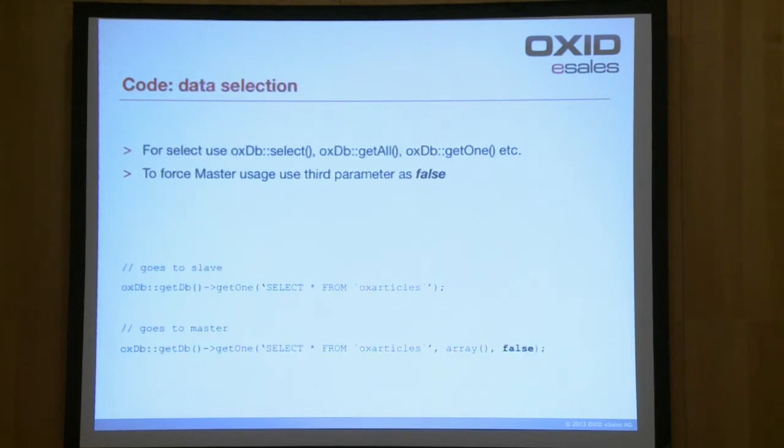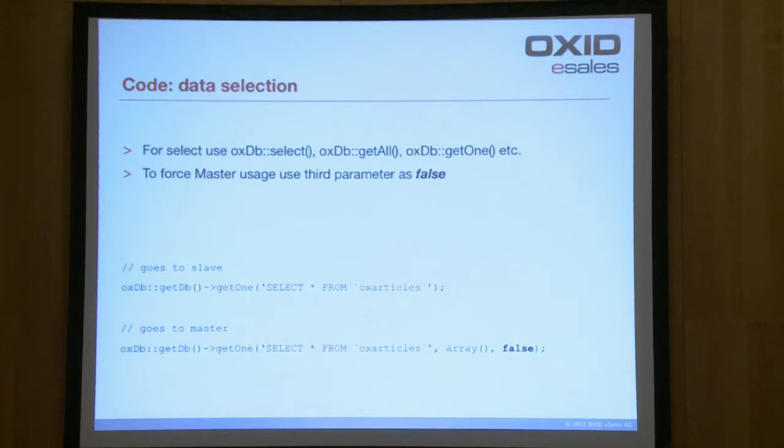So, what about data selection? It's simple. The basic solution is that we do not analyze queries to see whether they are for selection or not, but we made some methods. For selection, you just need to use select, getAll, getOne, getRow, and so on.